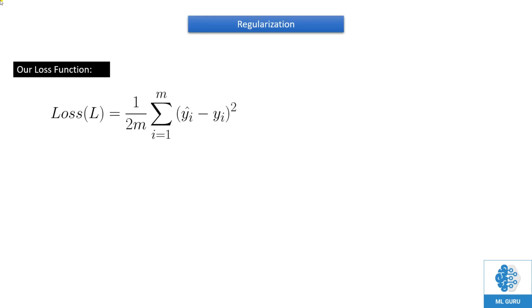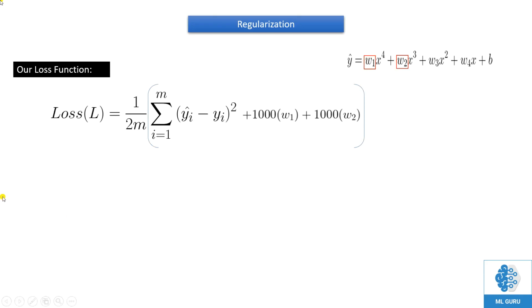So here was our original loss function, which was the mean squared error loss, and this was our motive. We want to set the values of W1 and W2 to 0. Now let's modify our loss function to this, and you can see what I have done is I have added two terms here, which is a huge number times W1 plus another huge number times W2. Now the objective of the training should be that the loss function should be as minimum as possible.